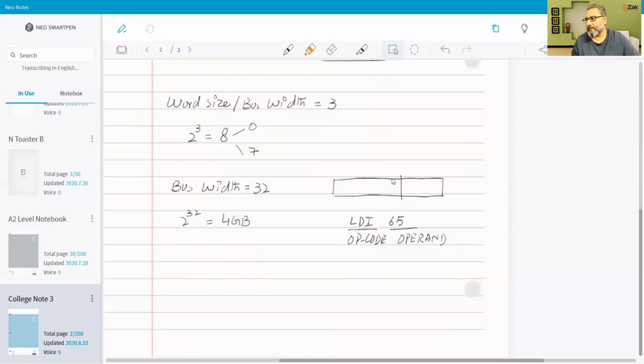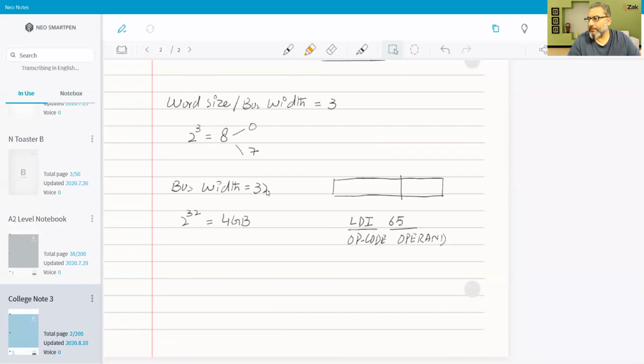Similarly, over here in this bus width, in this word size, we have got a 32-bit system word size. Okay? Now what happens is that out of these 32, the system allocates 20 bits for the opcode and 12 bits for the operand.